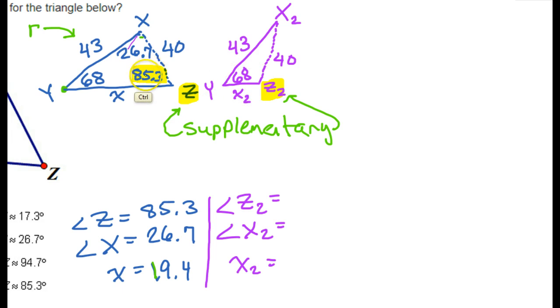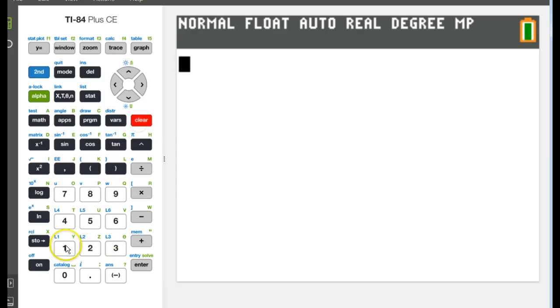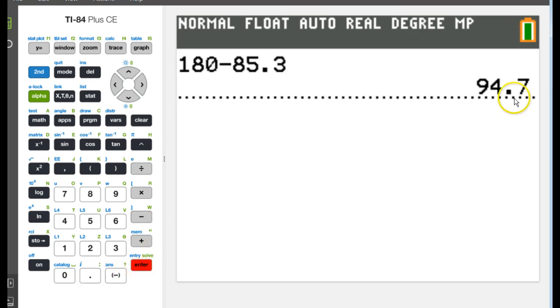So I'm going to use the fact that the first one is 85.3, and I'm just going to subtract from 180. So if I do 180 minus 85.3, that gives me 94.7.